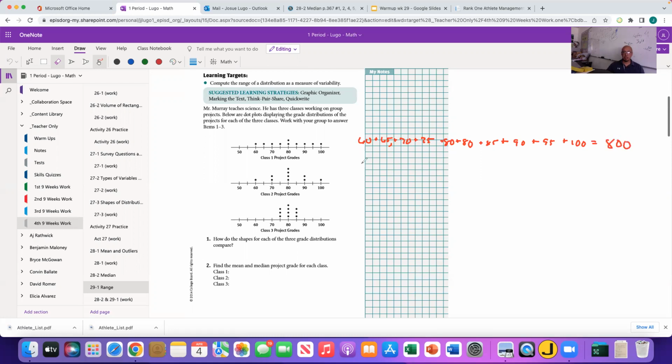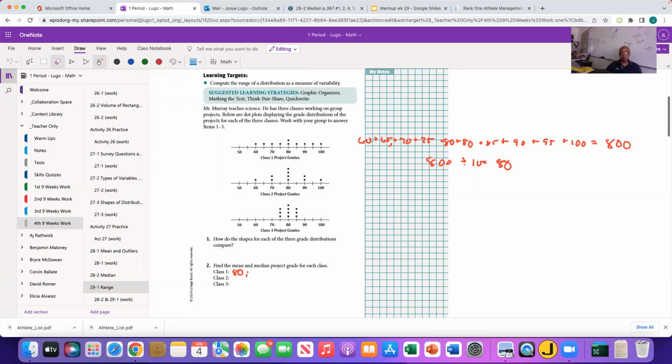Now we divide 800 by 1, 2, 3, 4, 5, 6, 7, 8, 9, 10. So 800 divided by the 10 values would give me 80. So the average of the first one is 80. That's the mean. And the median would be the one in the middle. Now, don't just split it in half.